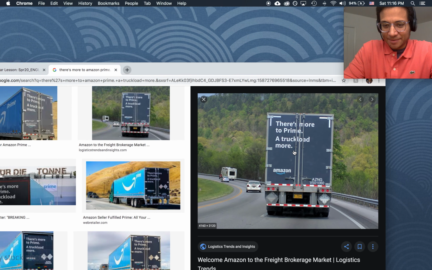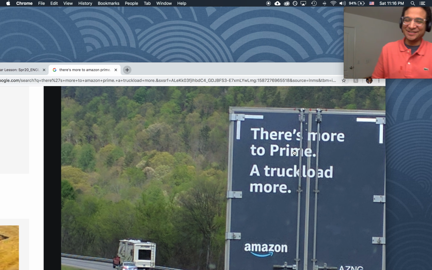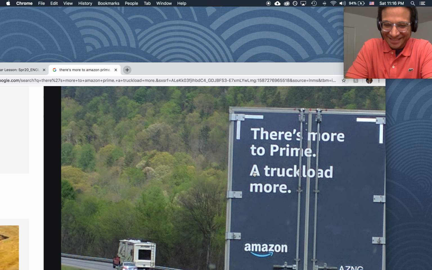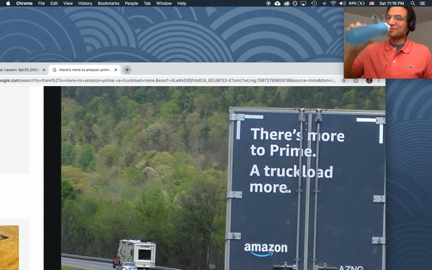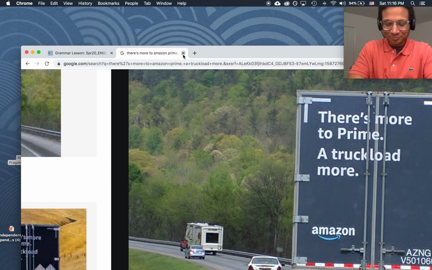There's more to Prime. Right here. Do you see the fragment? This is a fragment. A truckload more. What? That's not a complete idea or thought. I always see that. So next time you see that, you'd be like, yo, that's a fragment.